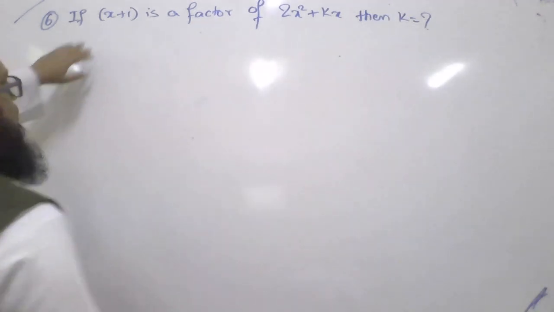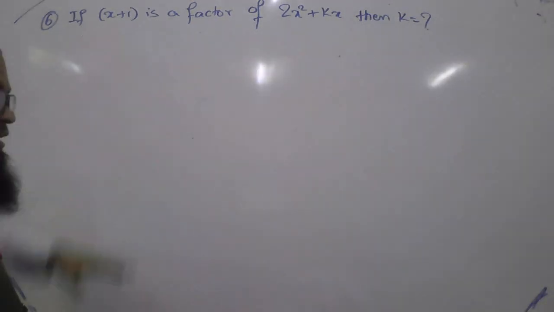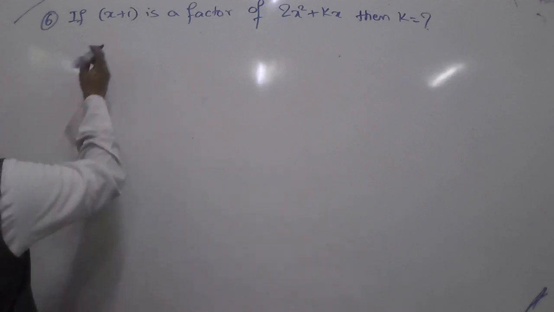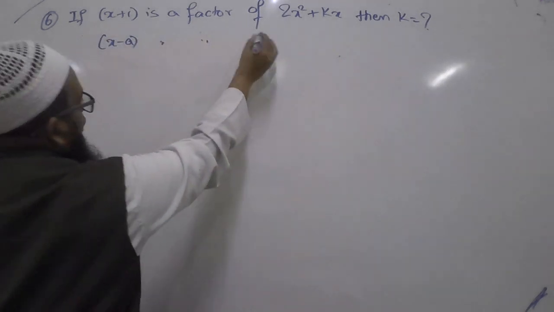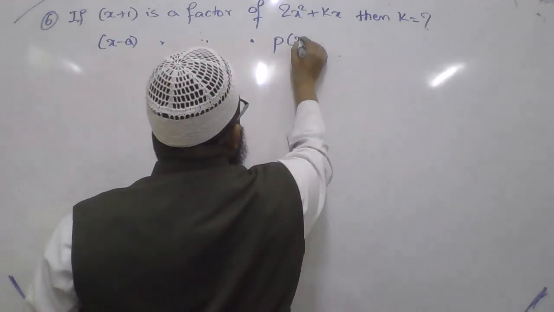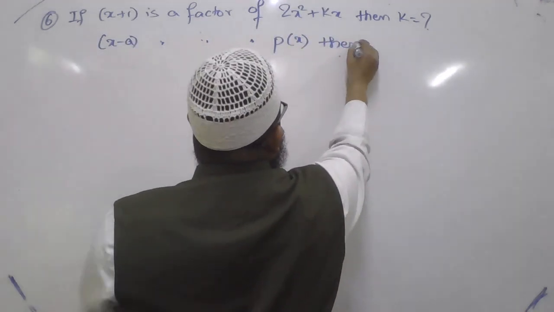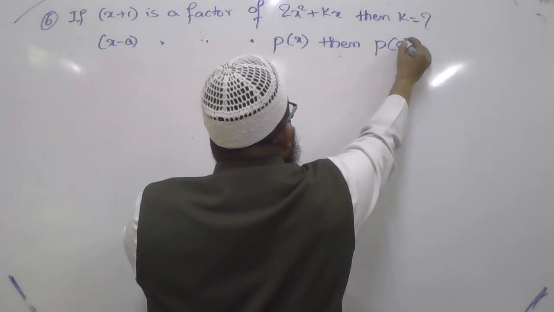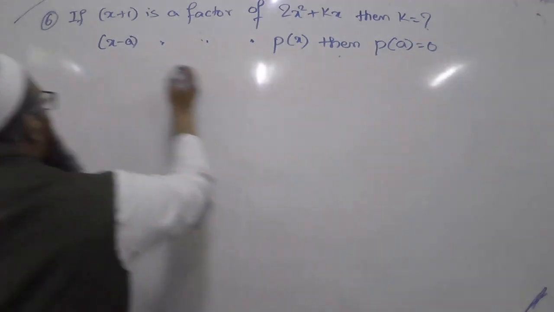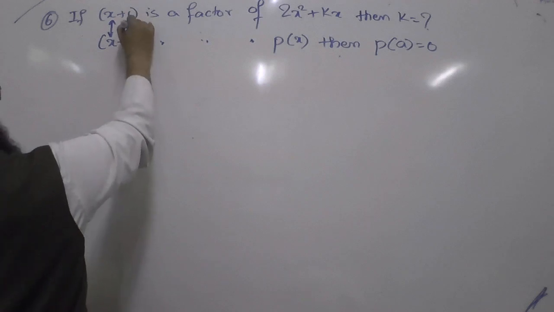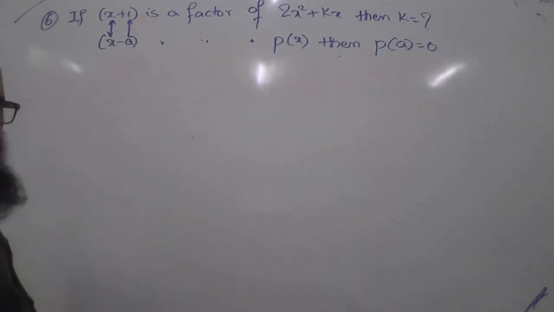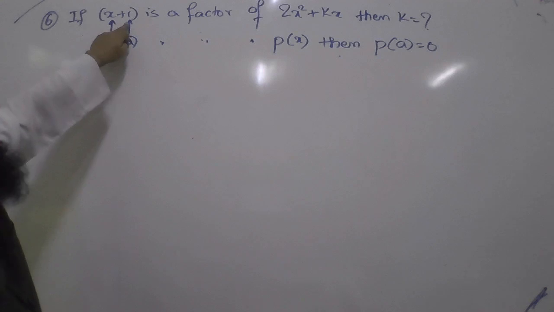Now, if x plus 1 is a factor, so what did we study? If x minus a is a factor of p of x, then what did we study? P of a is equal to 0. So when we compare, x and x are the same, and in place of minus a you have plus 1.